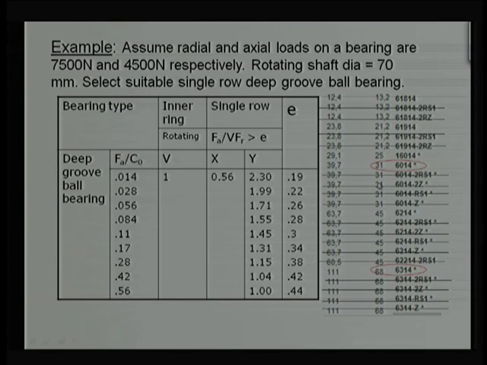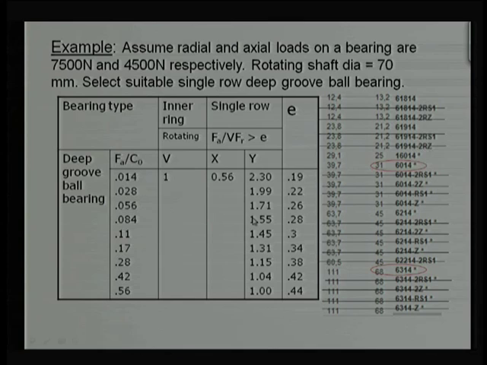To select the bearing, we require the rating, particularly the axial load relative to the static load carrying capacity. FA is the axial load, C0 is the static load carrying capacity, which is defined here: 13.2, 25, 31, and in the same way 45, 45, 68. As the shaft is rotating, the inner ring is rotating, so the rotation factor will be equal to 1.